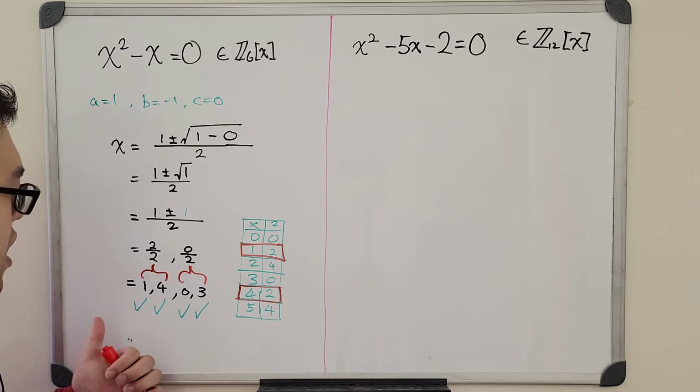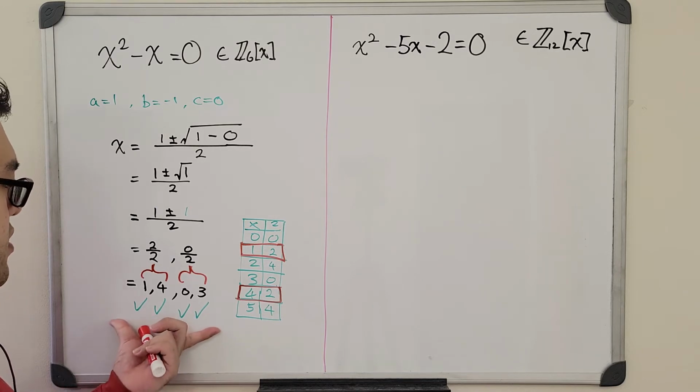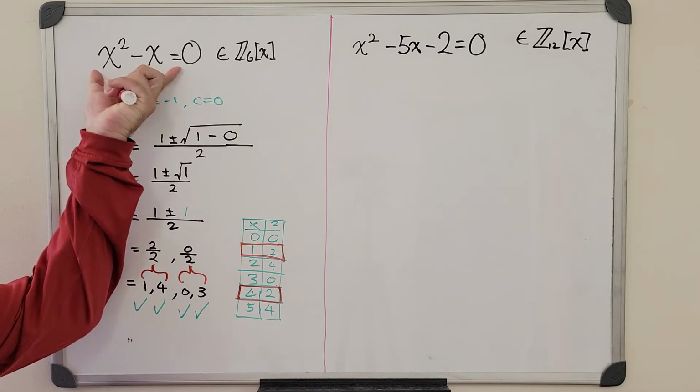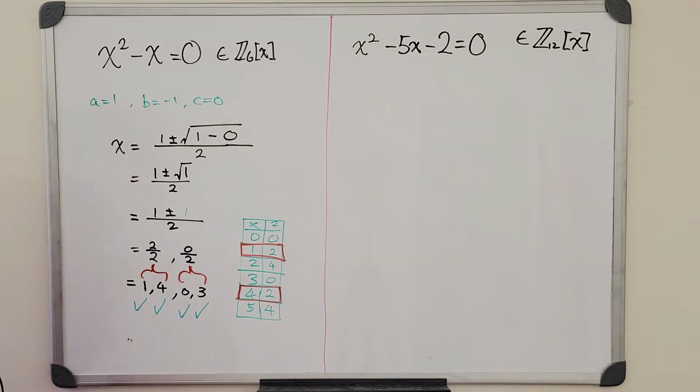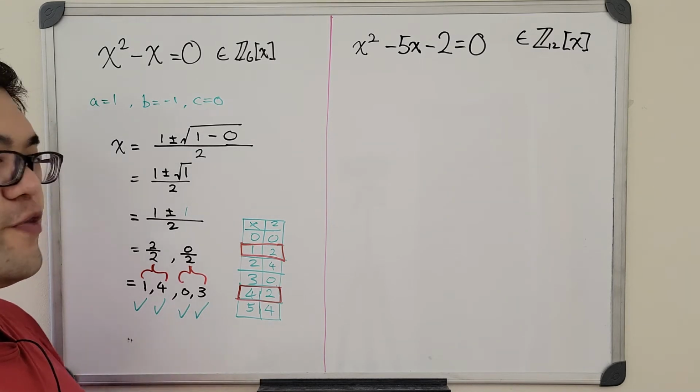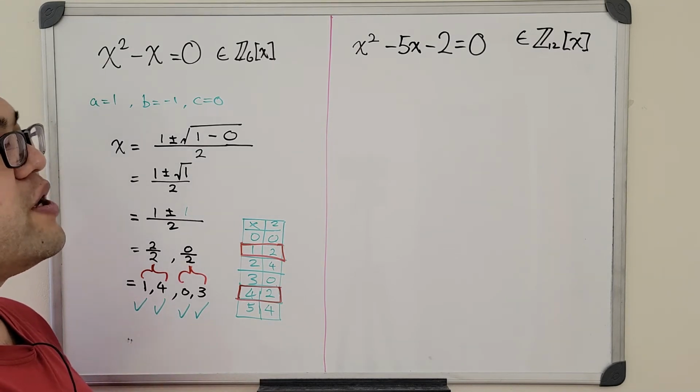So it means that all these 4 answers are actually valid solutions for our equation, x squared minus x equals 0. First, what does this tell us? It tells us one thing.